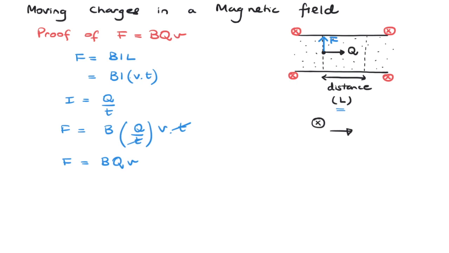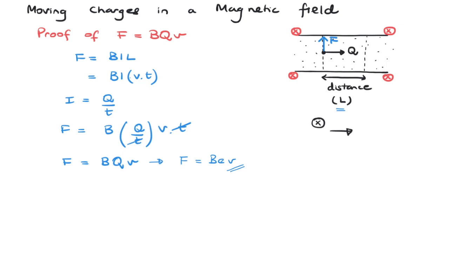F is the magnetic force in newtons, B is the magnetic flux density in Tesla, q is the charge in coulombs, and v is the velocity in meters per second. So this could also be applied to an electron: F equals BeV. Although this formula is given to you, it's worth knowing how to prove it.